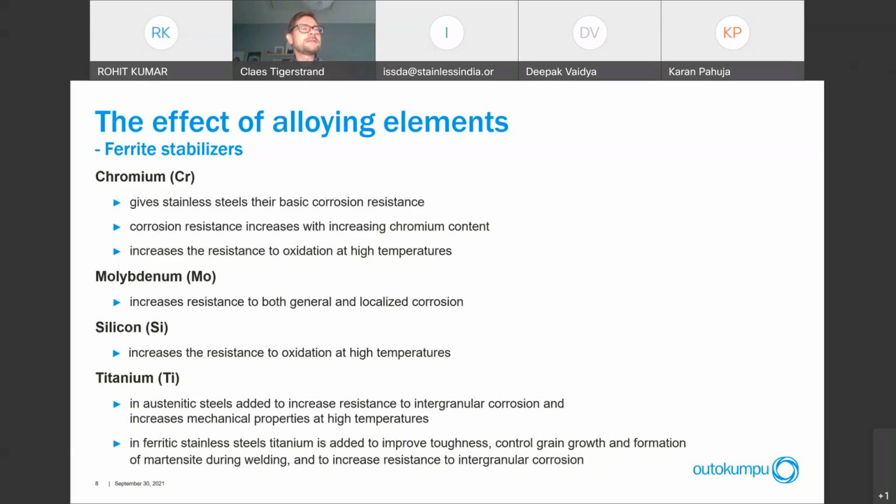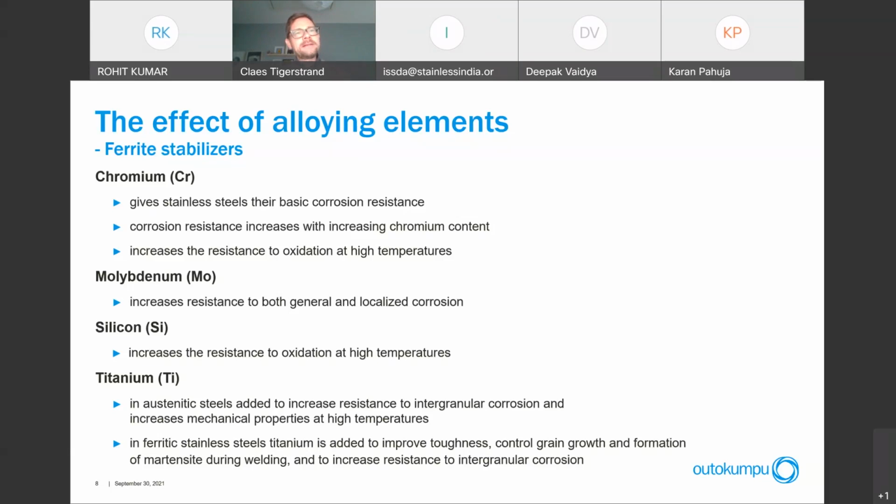Then finally on this slide, we have titanium. In austenitic steel, it is sometimes added to increase the resistance to intergranular corrosion, and also increases the mechanical properties at high temperature.